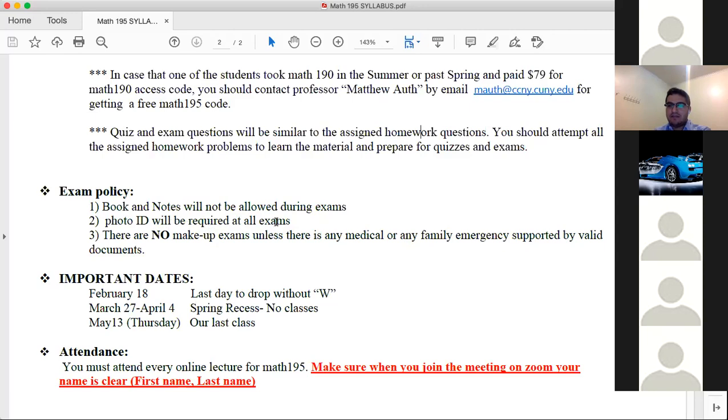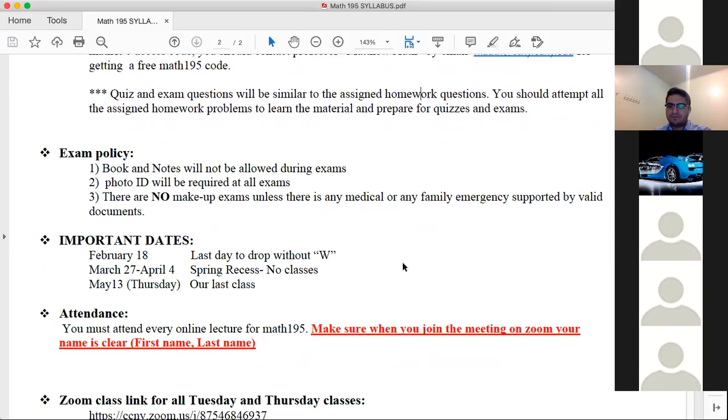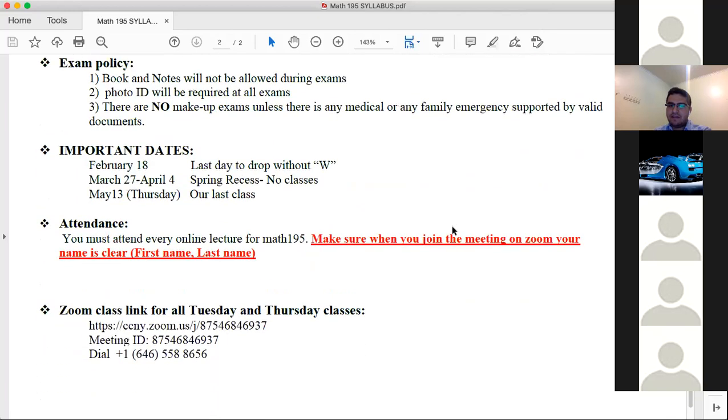That means I will ask one of you to open the camera and show me your CCNY ID, to make sure you are the real student sitting in the exam. For example, I will tell you, Jose, open your camera and show me your CCNY ID, please. So you have to get ready with your ID behind you, okay? There are no makeup exams, unless you have a medical or family emergency, supported by documents, okay?